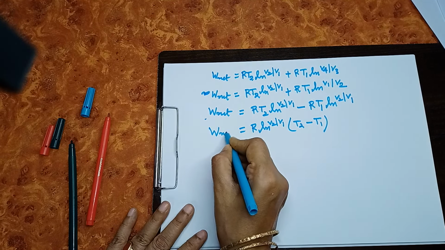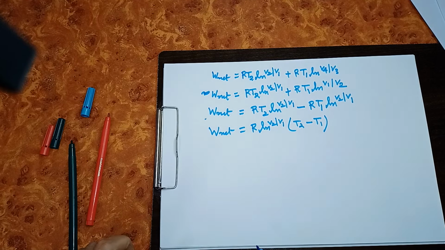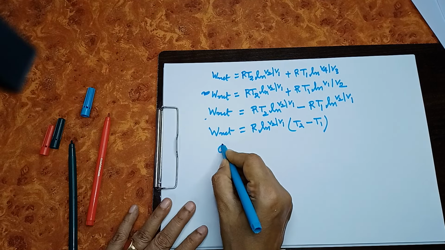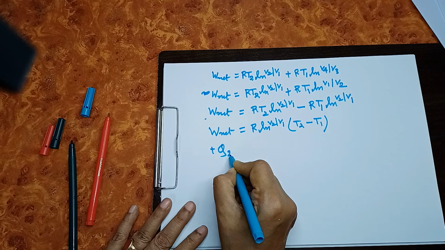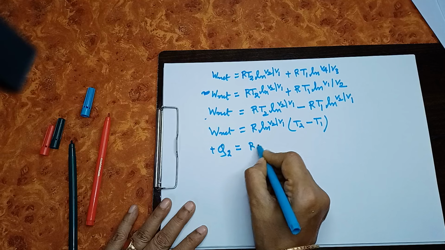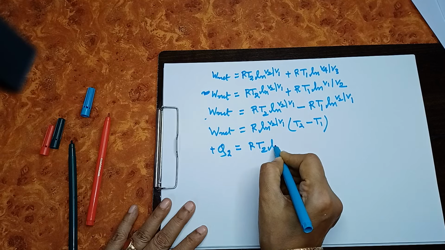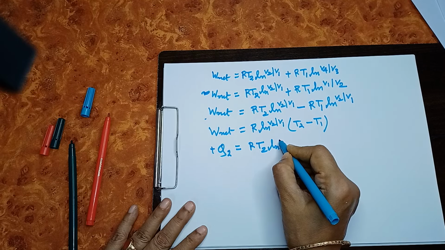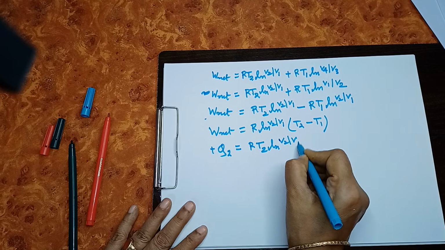Now what is the total heat absorbed? That is Q2, which we have already derived. That is RT2 ln V2 by V1.